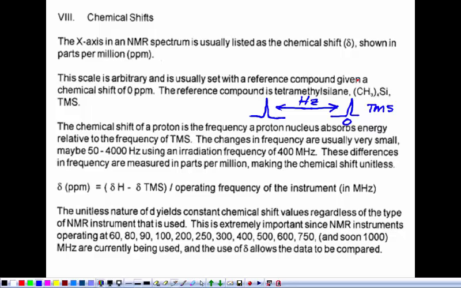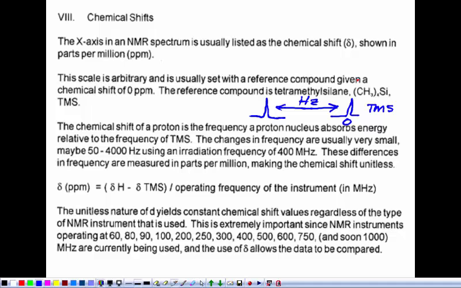And we have a problem in defining the x-axis, because if I'm going to measure the position of this peak in hertz, what I know is that when I go to stronger and stronger magnets, or if I go to a different magnetic field, that Larmor frequency where the nucleus precessed is going to be proportional and change. So my peak position in hertz is going to be different on a 60 megahertz instrument versus a 300 megahertz instrument versus a 900 megahertz instrument.